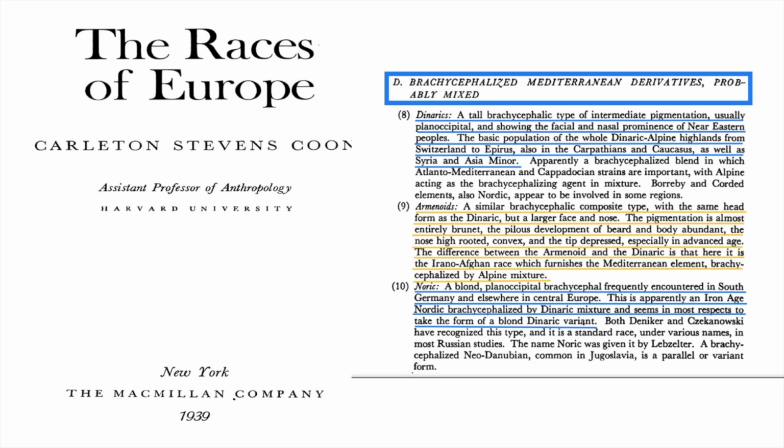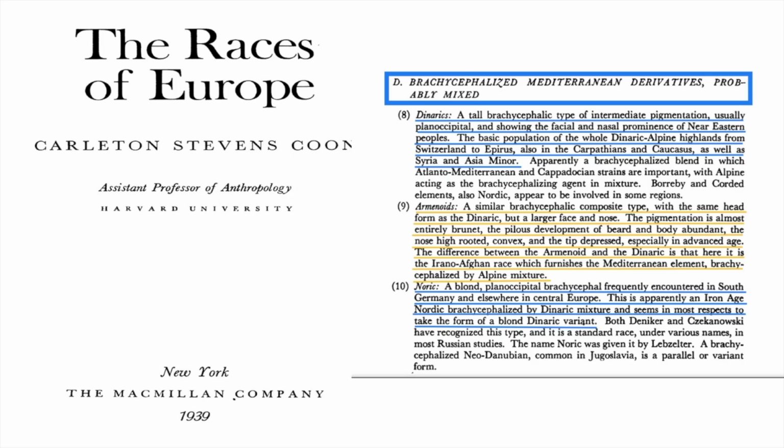Then, of course, you have the Armenoids, a similar brachycephalic composite type with the same head form as the Dinarics, but a larger face and nose. The pigmentation is almost entirely brunette. The development of beard and body hair is abundant. The nose is high-rooted, convex, and the tip depressed, especially in advanced age.